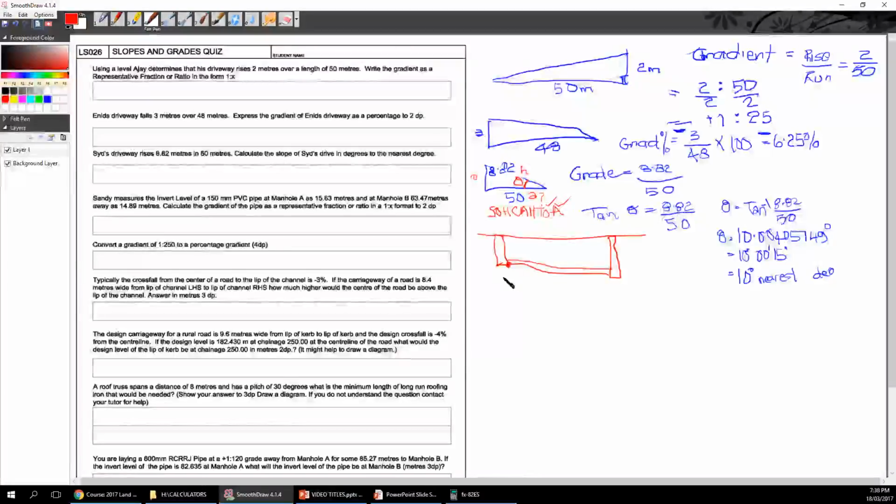Now the invert level, that's the bottom of the pipe. The bottom of the pipe is called the invert level, and we would write there IL for invert level. This is A, and this is B. Okay, and the invert level at A is 15.63.